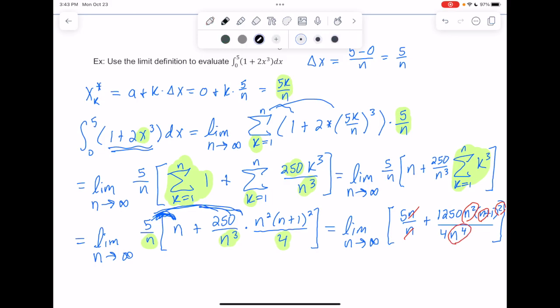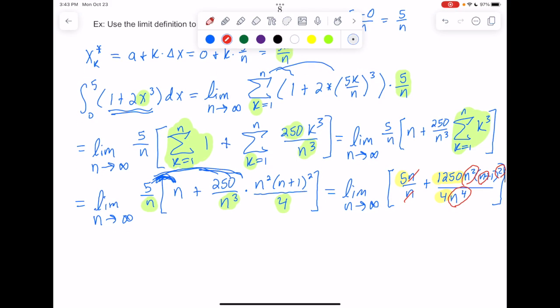So the limit for that fraction should just be the ratio of the two coefficients that we have there. So that should end up being 1250 over 4. So the first limit is going to be 5. The second part is going to be 1250 over 4. So this is equal to, sorry, let's get back to the blue. So this is equal to 5 plus 1250 over 4.